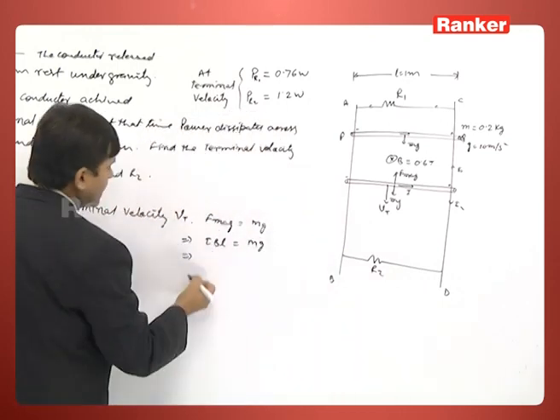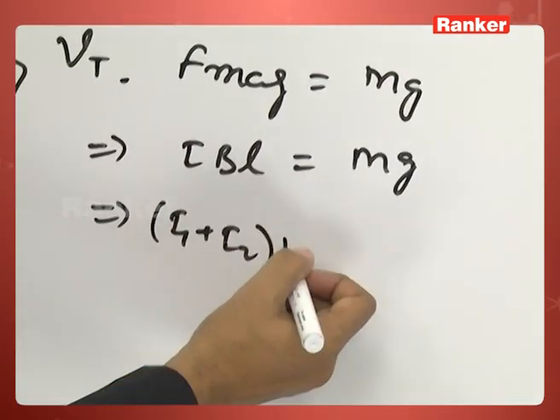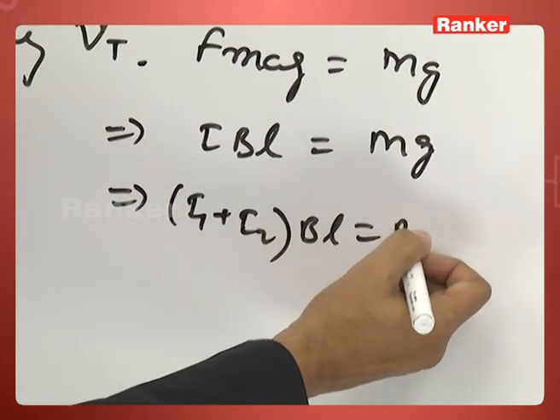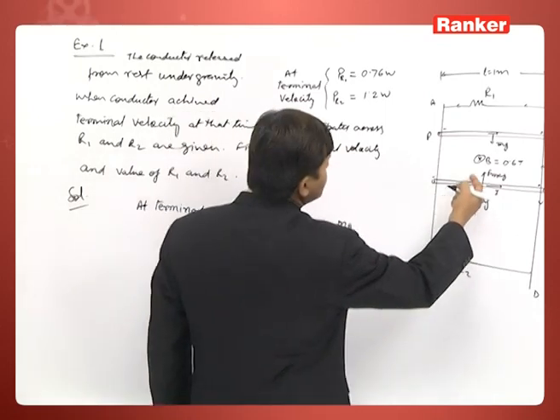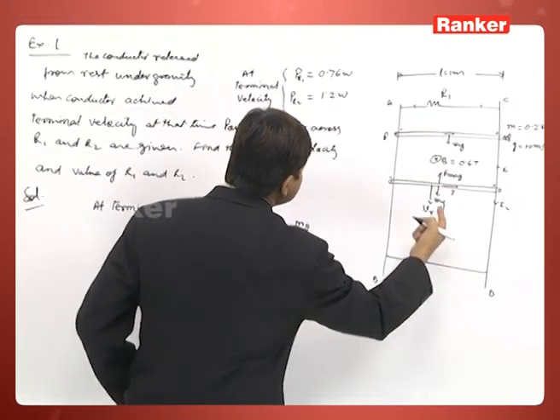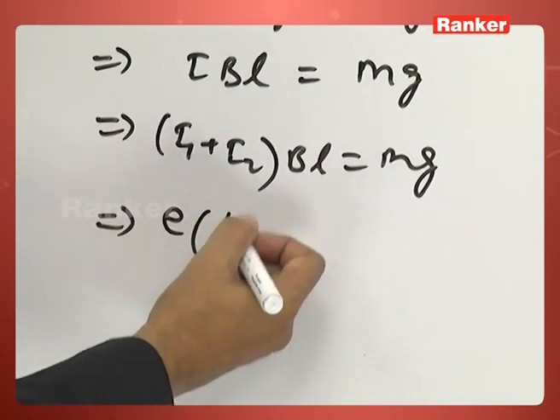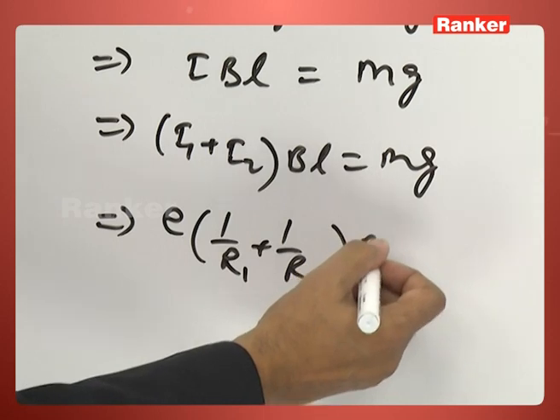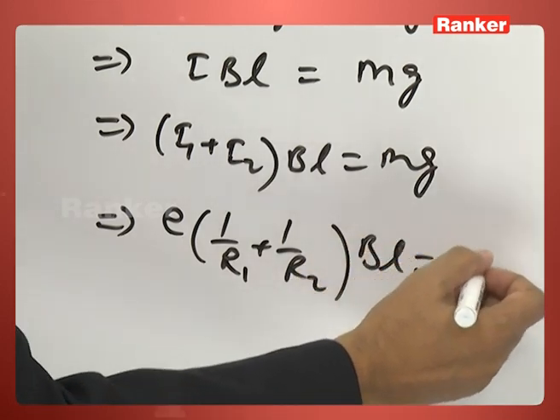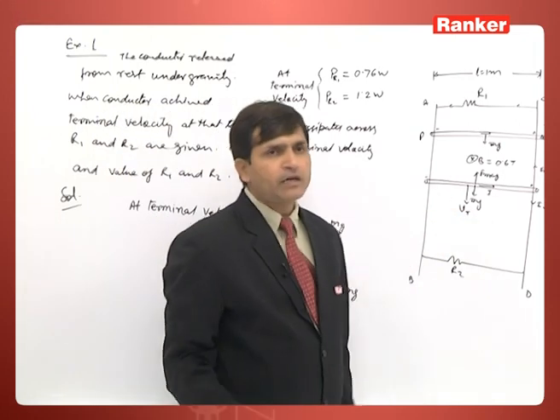So I is I1 plus I2, with B L equal to mg. Since R1 and R2 are in parallel, I is the induced EMF E times (1/R1 plus 1/R2), and B L is mg, where E is the EMF of a straight conductor moving with velocity Vt.